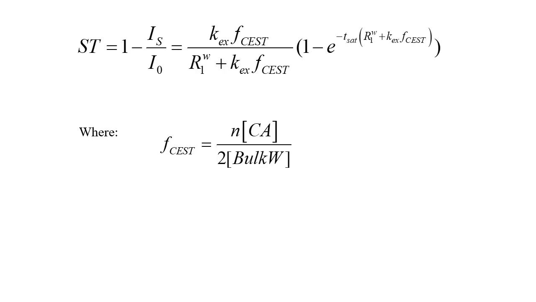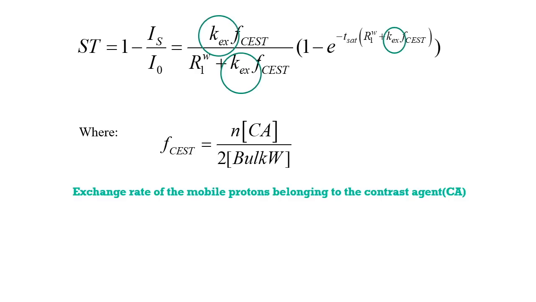So just to see which are the main determinants of the extent of the saturation transfer that one is going to measure. First of all, it is the exchange rate.